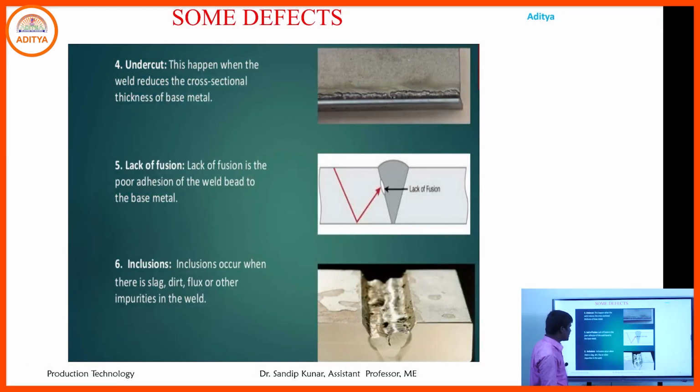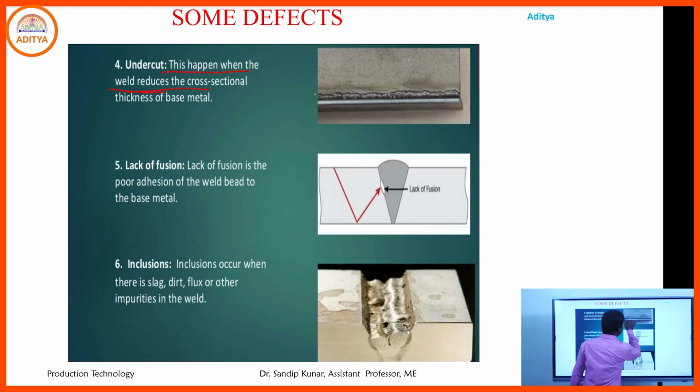And what are the defects that are generated? Sometimes undercut, which means a groove is created just below the metal surface. That happens when the weld reduces the cross-sectional thickness of the base metal.